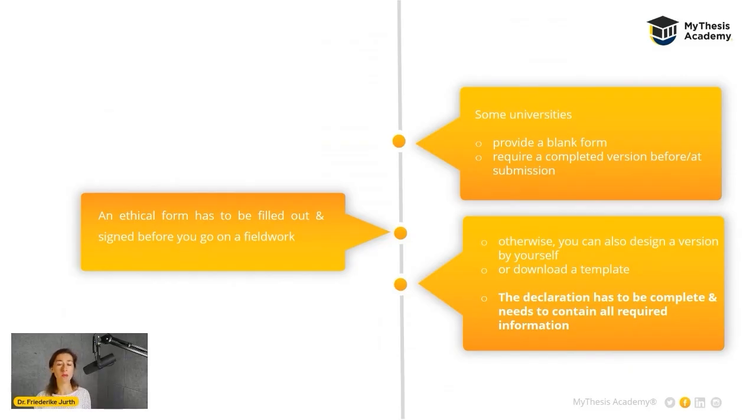This is normally a document which is filled out and signed before you go on fieldwork, and which you may take with you, because sometimes, if you are already in contact with some participants before you get to your place of fieldwork, then yes, it is possible that you sign this form before.